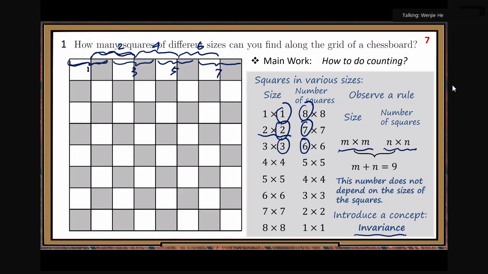But if you can discover this invariance property and use it, then you can keep track of your data much easier. So here I introduce this concept. Later, when we do other problem solving, sometimes we need to use this invariance property.